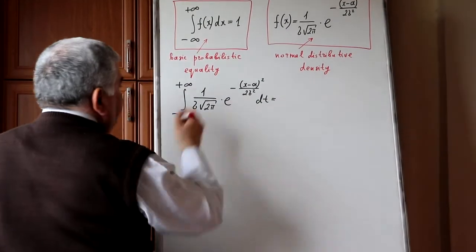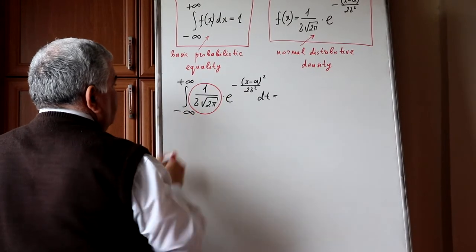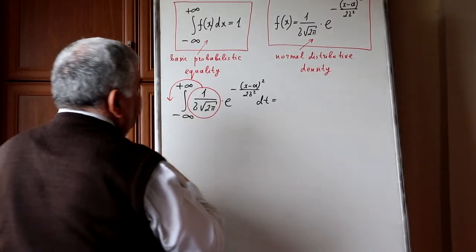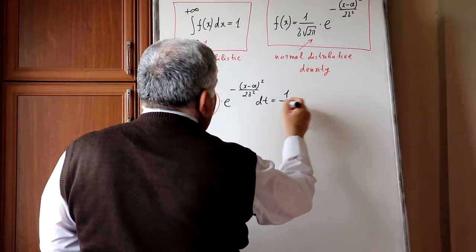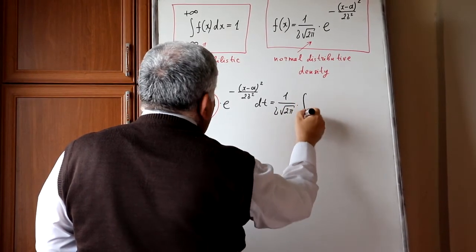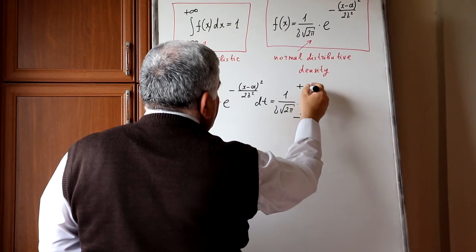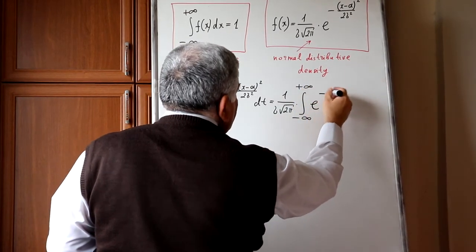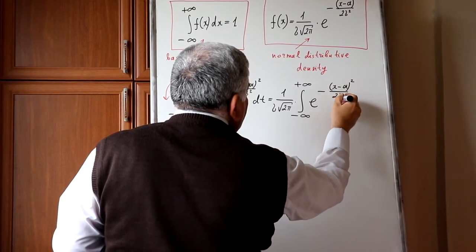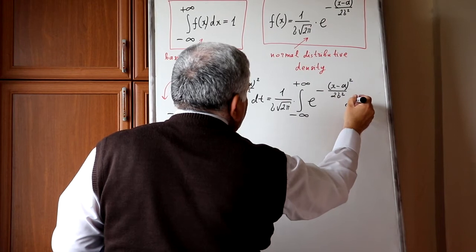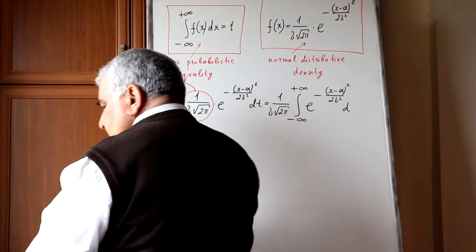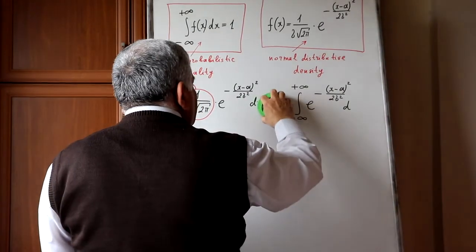Here the coefficient 1 over sigma square root of 2 pi can be taken out of the integral symbol. Then 1 over sigma multiplied by square root of 2 pi, integral from minus infinity to plus infinity of e raised to minus x minus a squared over 2 sigma squared dx.